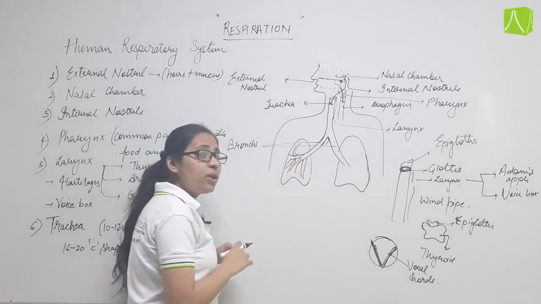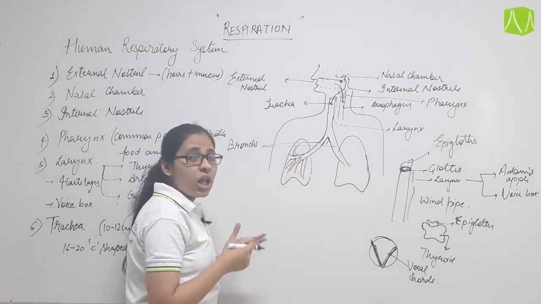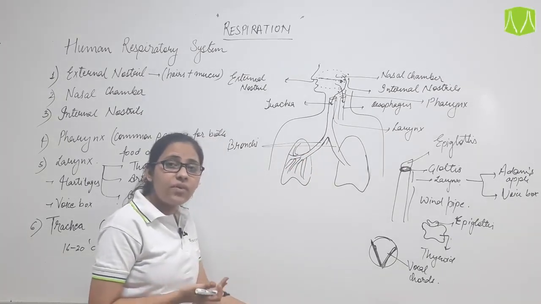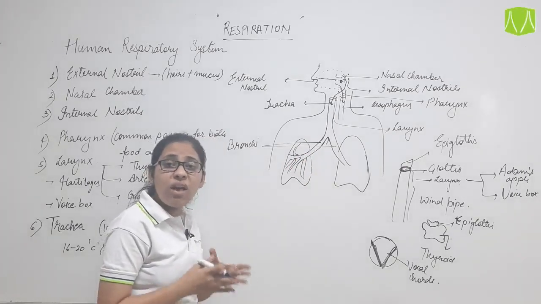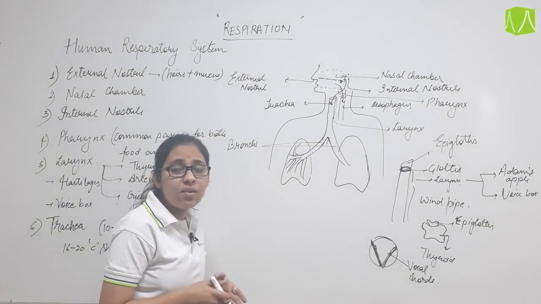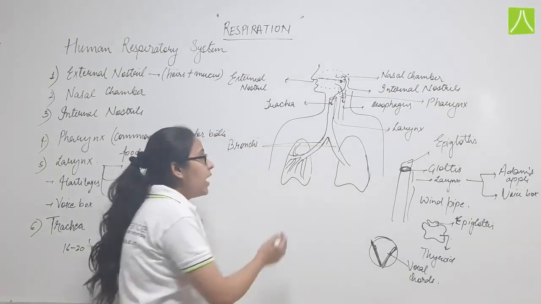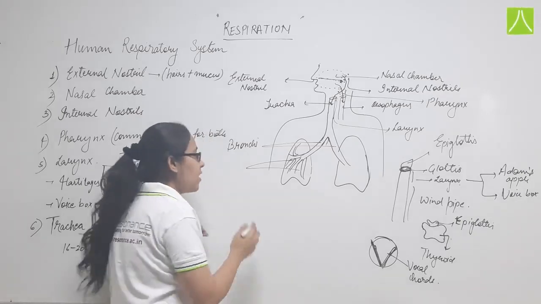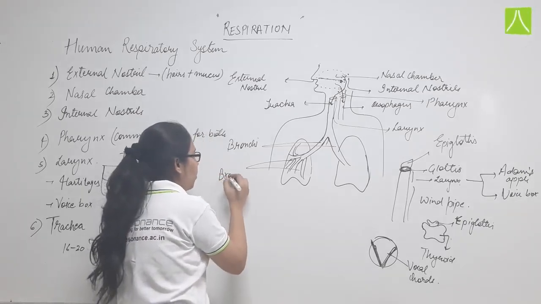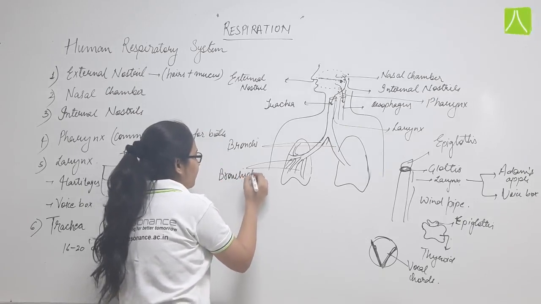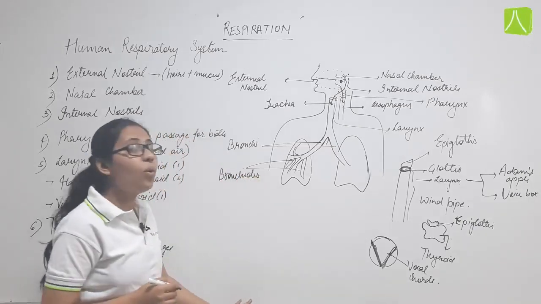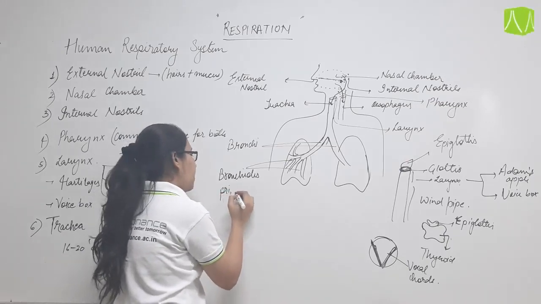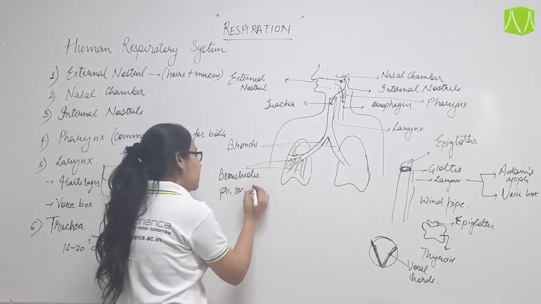When they enter their respective lungs, they divide further, showing a high rate of branching, just like the branches of a tree. The branches formed inside the lungs are known as bronchioles. These can be primary, secondary and tertiary.